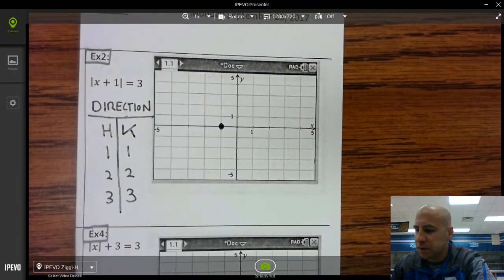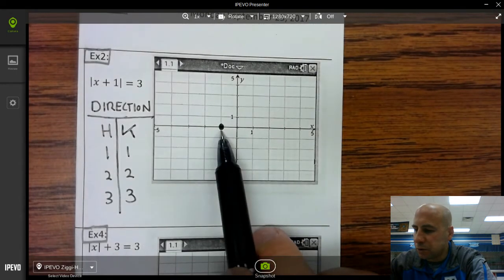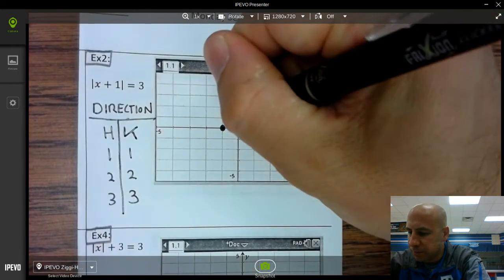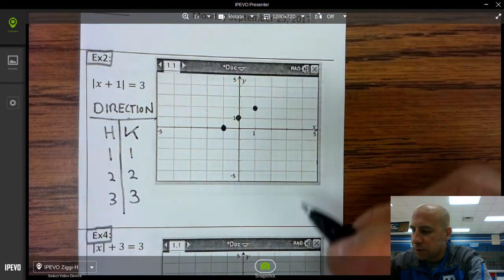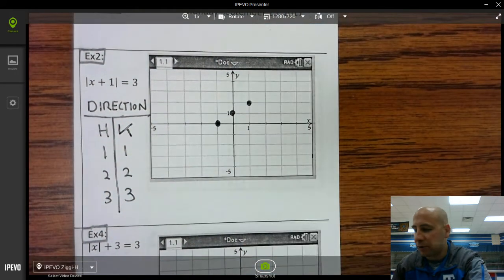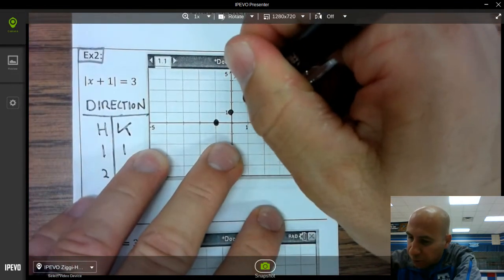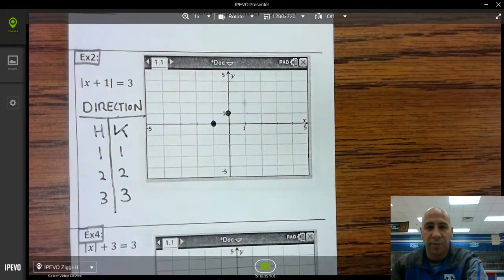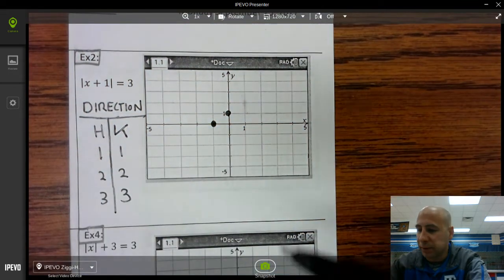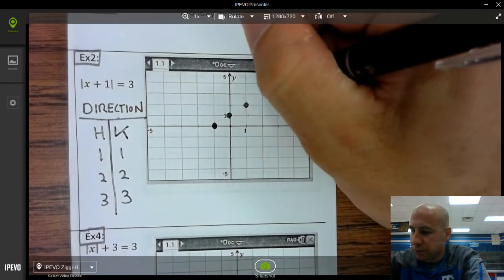So from here, we go to the right 1, up 1, to the right 2, up 2. Now, if I hypothetically made a mistake, which I didn't, using a friction pen, watch this, it actually erases. Whoa, isn't that crazy cool? But in fact, that point is correct. To the right 2, up 2, and then to the right 3, up 3.